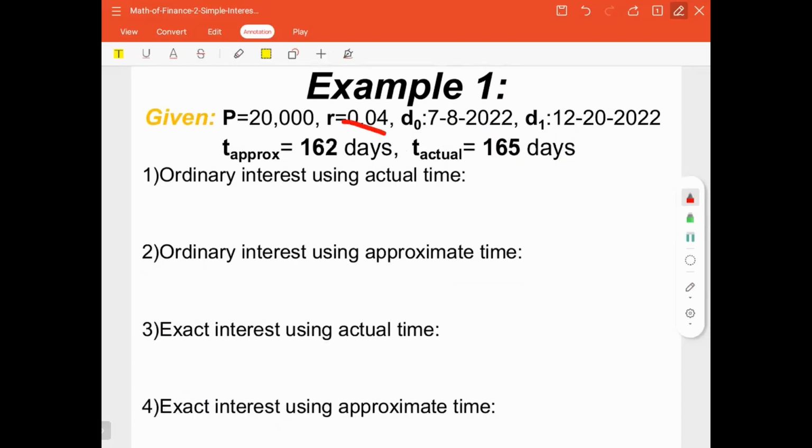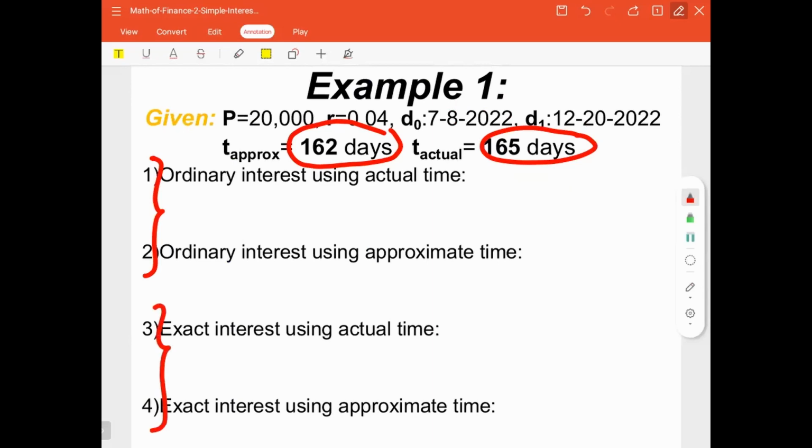Once we've solved the approximate time and actual time, it's easy already, guys. Take note, the first two formulas are for ordinary interest, so later on, our divisor will be 360. These last two formulas are for exact interest, so the denominator later on will be 365. Using the same formula, I is equal to PRT, where the principal here is 20,000 pesos.